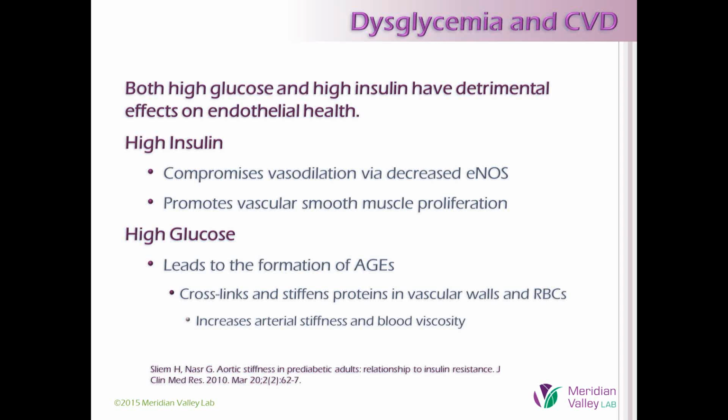On the glucose side of things, we have the formation of advanced glycosylated end products. Basically, it's a stiffening of the cell walls that line our vasculature, which leads to a whole host of cardiovascular problems, not the least of which is blood viscosity, something that we're very much involved in here at Meridian Valley Lab.